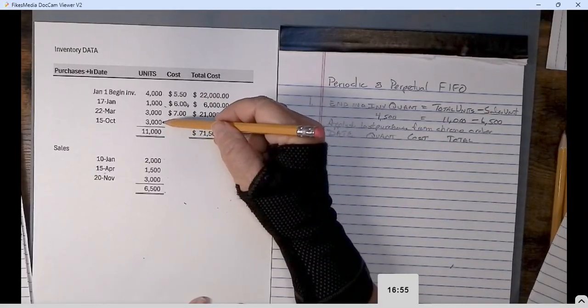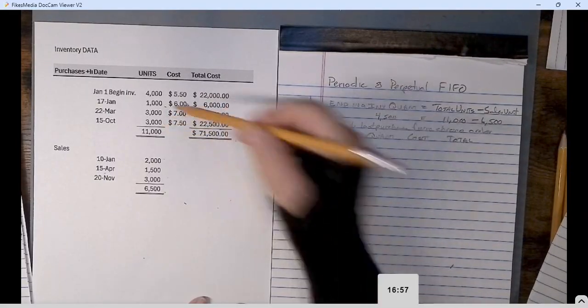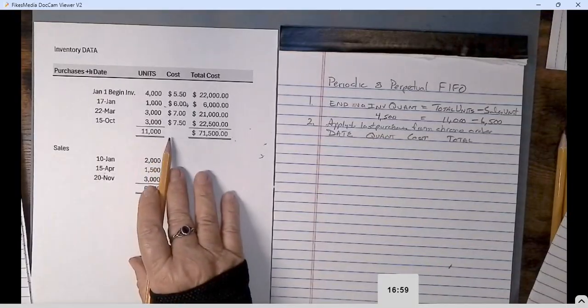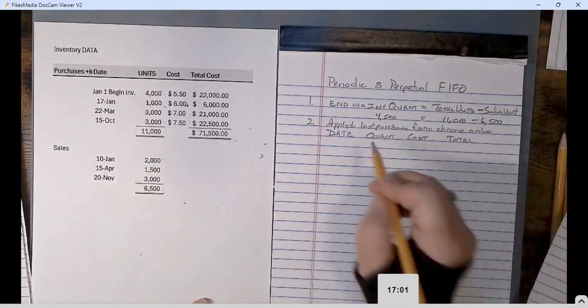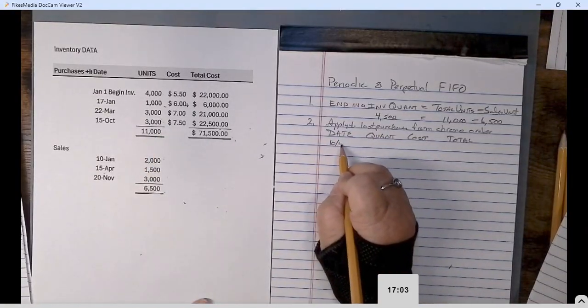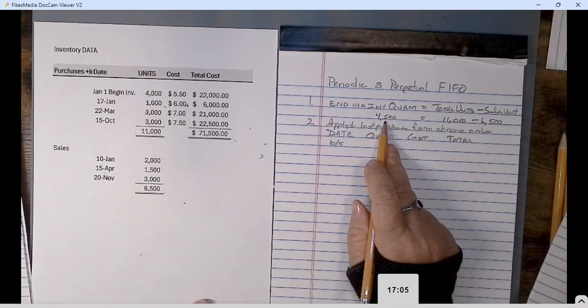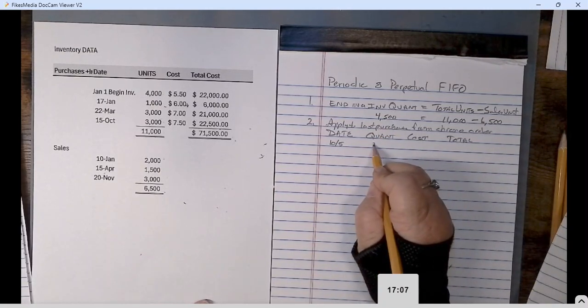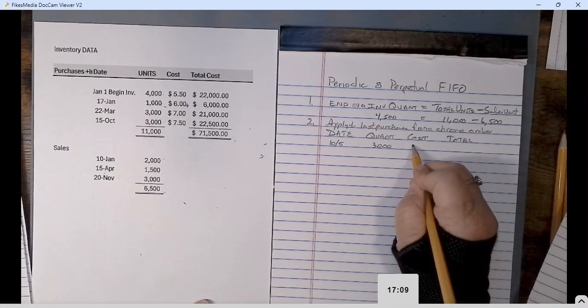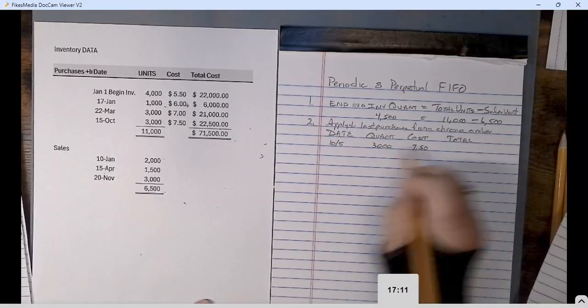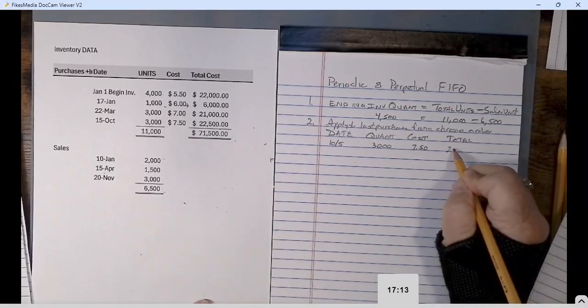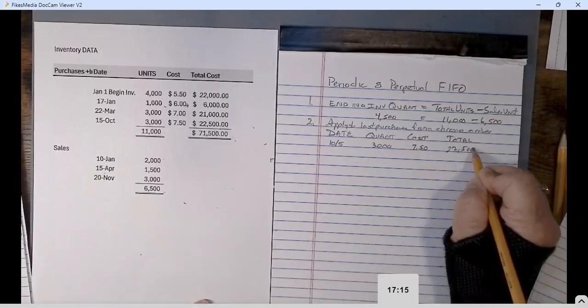So we're costing our inventory, it's what's left. So we go down to the bottom of the list to find out what's left. The 1015 layer is left. We're looking for 4,500, we get 3,000 out of that layer. And those costs were $7.50 for a total of 22,500.